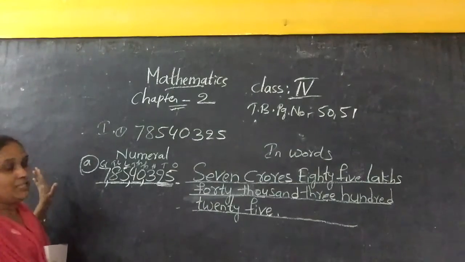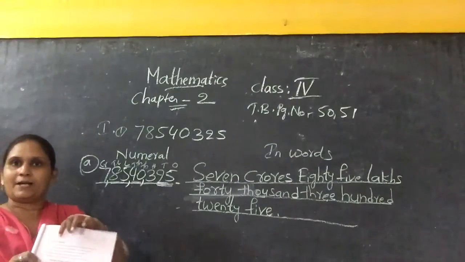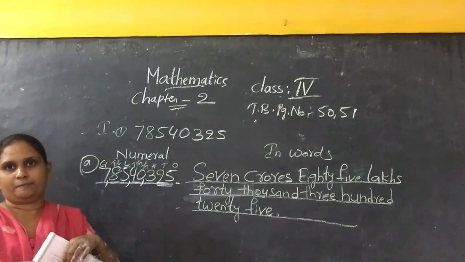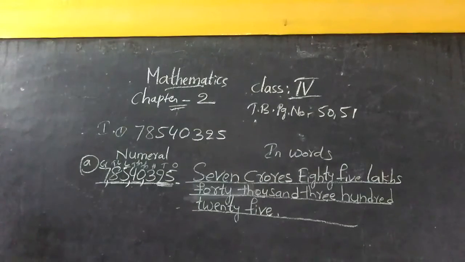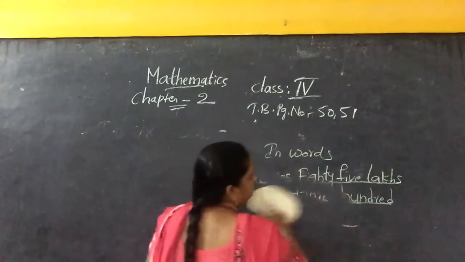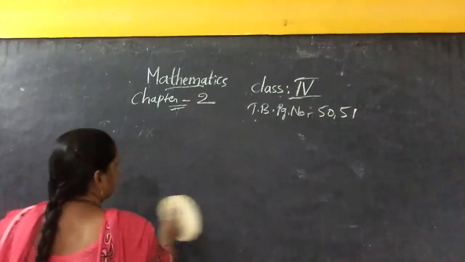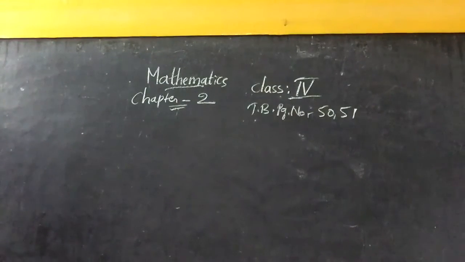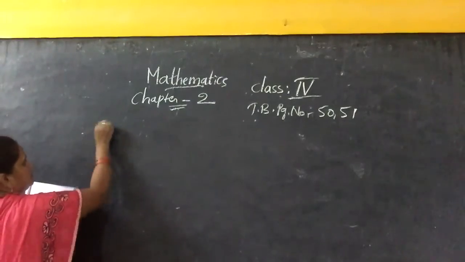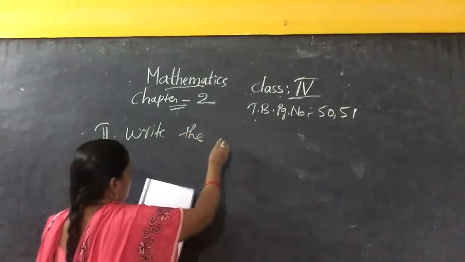Now in section 2, page number 51, the first sum I will explain: how to write the numeral. Copy this neatly, children. Now I am writing on the board. Section 2: write the numeral.